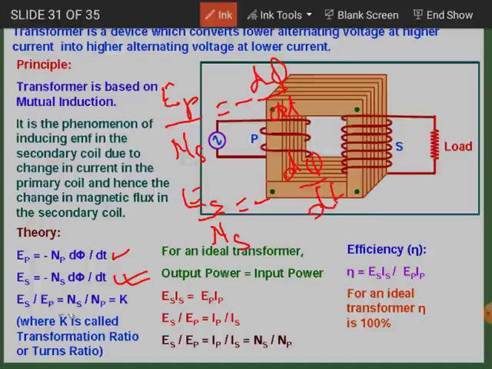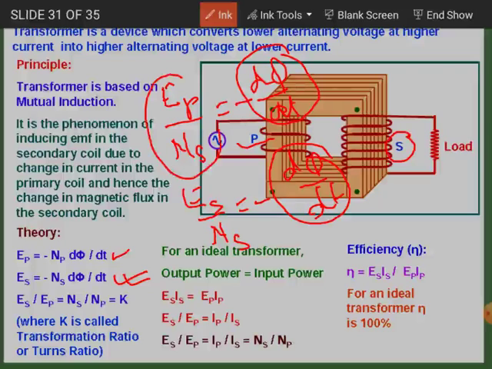From the second equation, ES divided by NS will also be equal to minus d phi by dt. As I told you, the rate of change of magnetic flux in the primary coil is equal to that in the secondary coil. So both are the same, and by equating these two, you will get EP by NP equal to ES by NS.